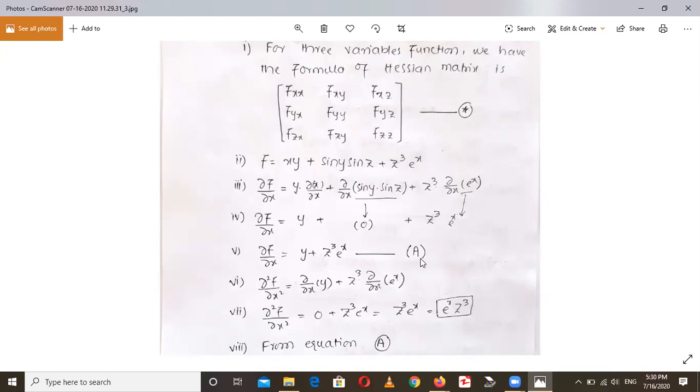Now, if you look at the question, we have to find fxx, which means you differentiate this 2 times with respect to x. In step number 5, I already differentiated this with respect to x 1 time. Now again, I will differentiate it with respect to x.